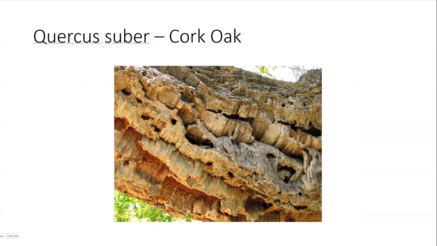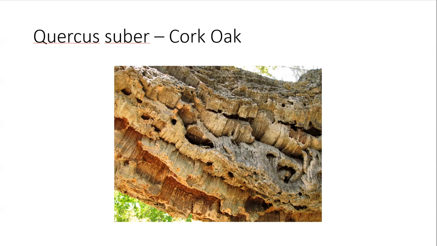It is a quercus, and it survives incredibly well here once established with no supplemental water. Okay, now we know that corks are made from the cork oak. Of course, nowadays corks are also made from plastic, but generally corks are made from cork oak.